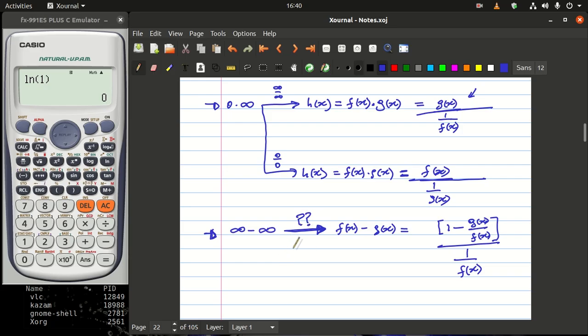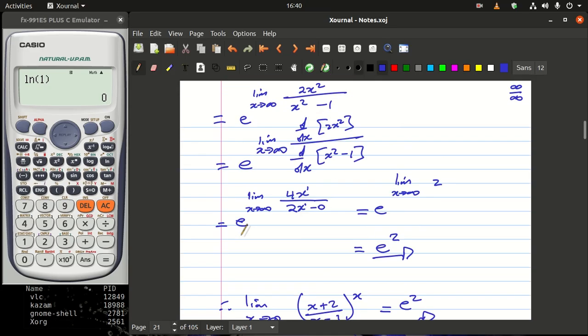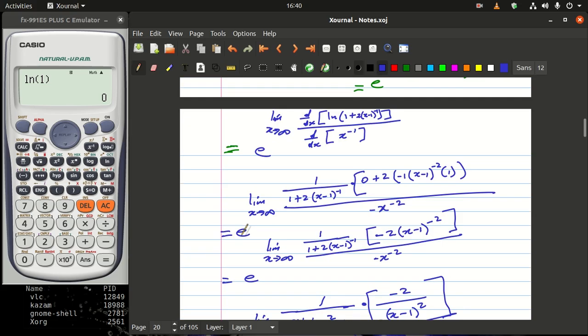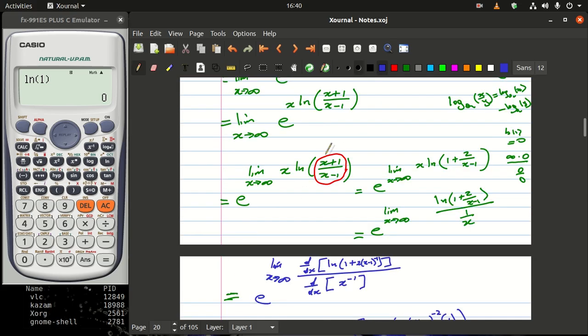I usually recommend that if you are getting something of this nature, it might happen that you have a function somewhere here that needs to be manipulated. Manipulate it in such a way that what is going to happen inside will be useful to you.